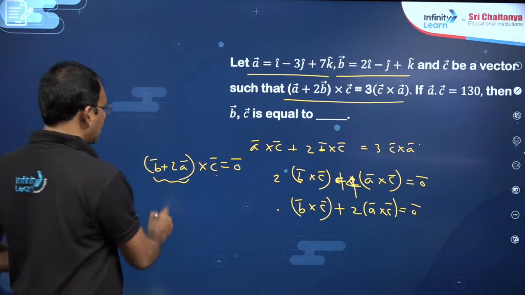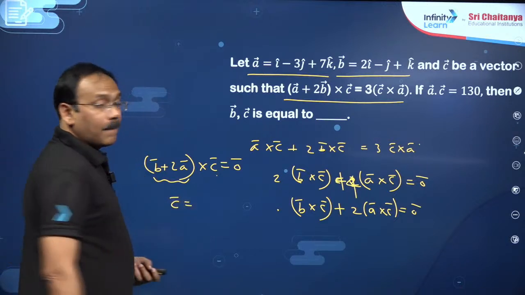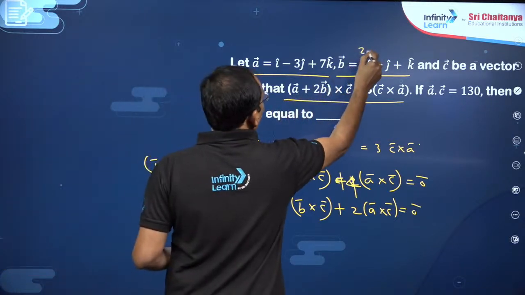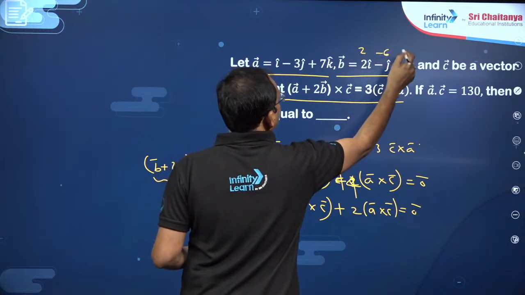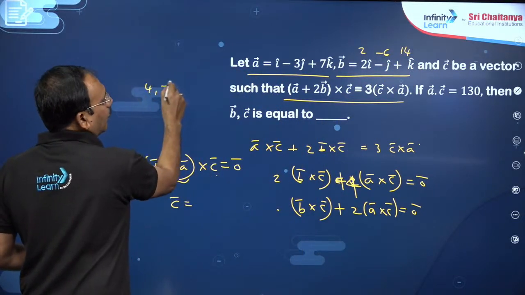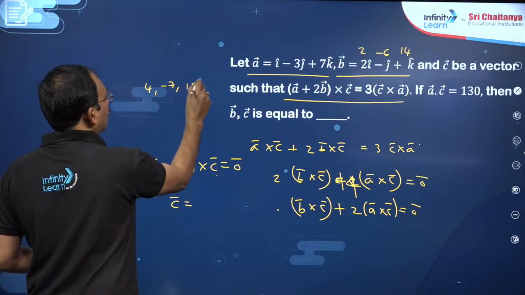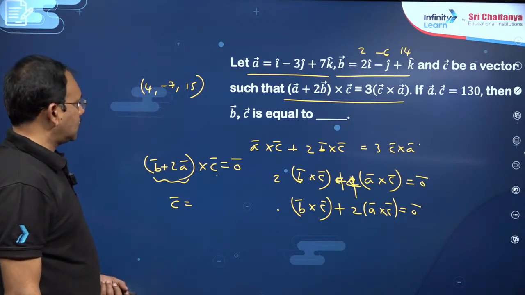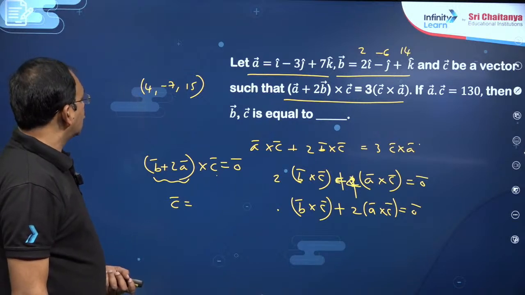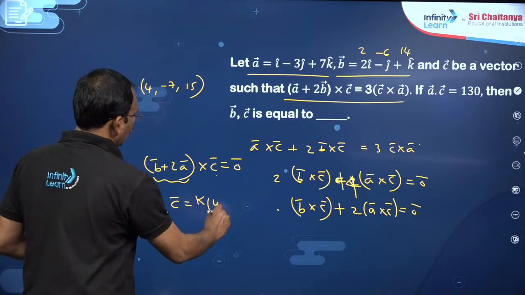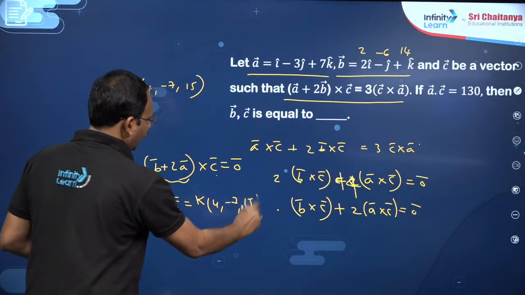So, C bar you can take, my dear friends, now parallel to B bar plus 2A bar. B bar is this, 2A bar will become 2 minus 6, 14. This is 4 minus 7, 15, which is nothing but B bar plus 2A bar. So, C bar can be taken as some number K into 4 minus 7, 15.